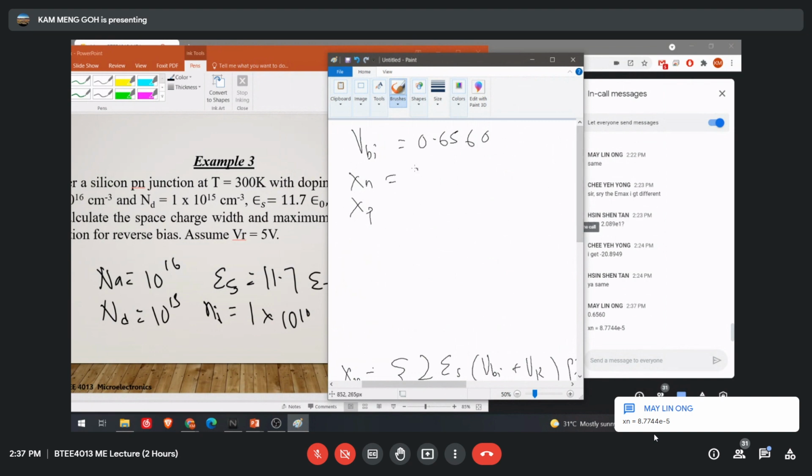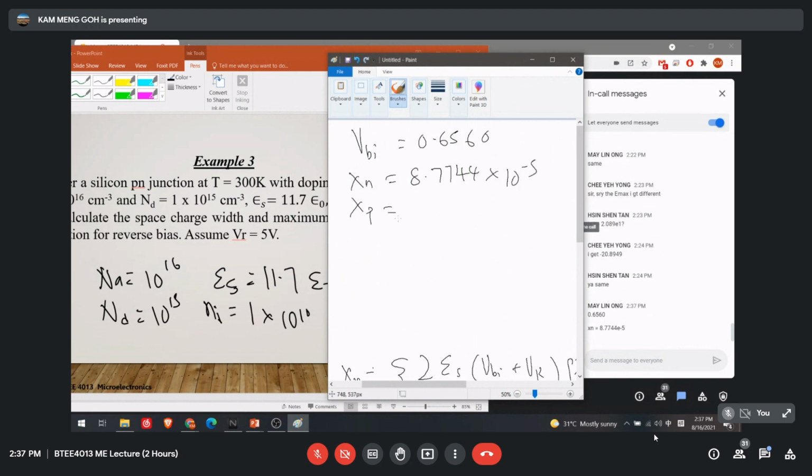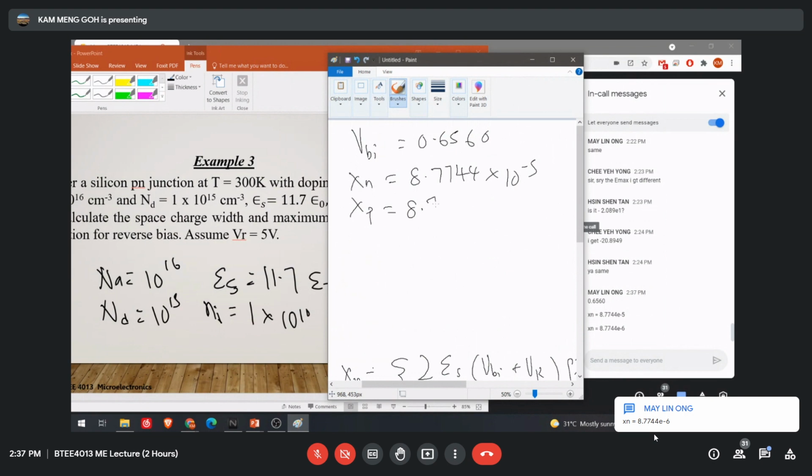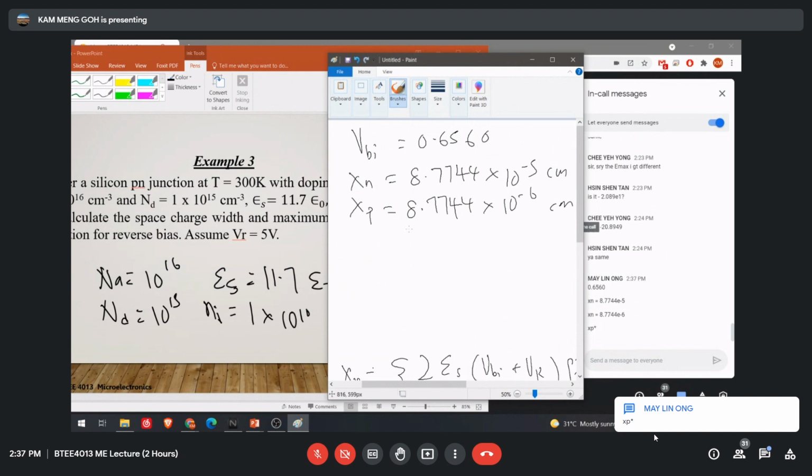Okay. 8.7744 times 10 to the power of maybe 5. SP, 8.7744 times 10 to the power of negative 6 cm. You guys get the same thing? The remaining of you? Wong Ka-sing, what do you get?